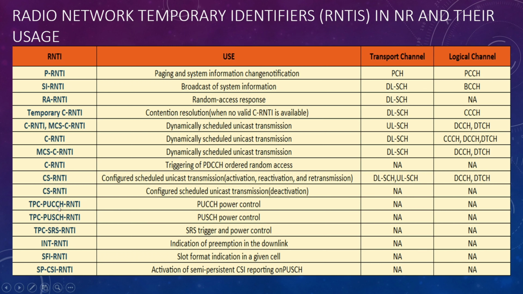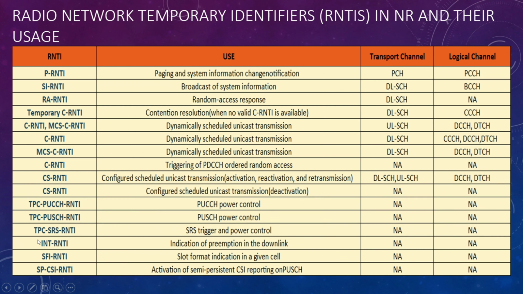Now we can see the TPC-PUCCH-RNTI and TPC-PUSCH-RNTI. These both are for power control. The first one is for PUCCH power control, and the PUSCH RNTI is for PUSCH power control. Now TPC-SRS-RNTI, this is for the SRS triggering and power control, the main use.